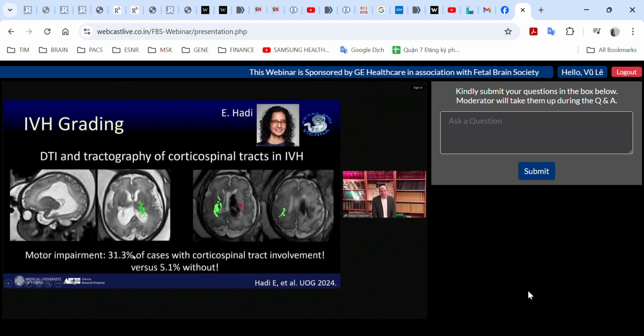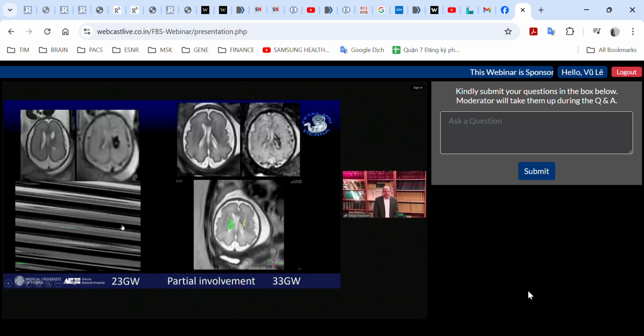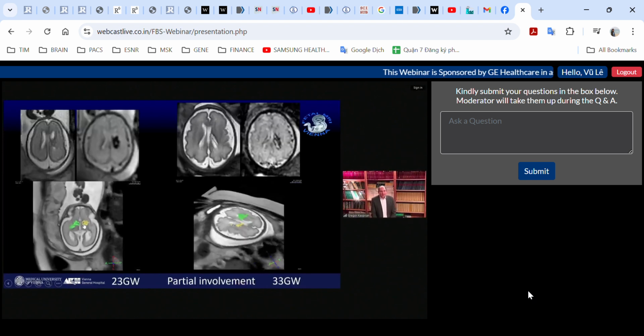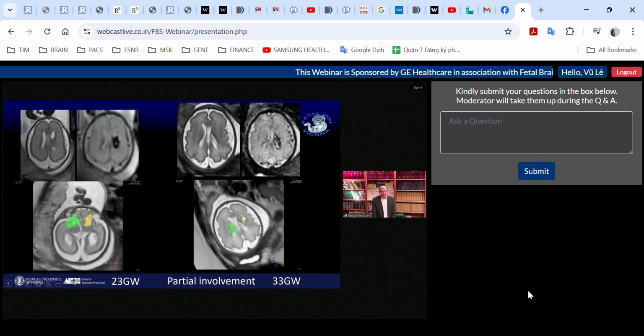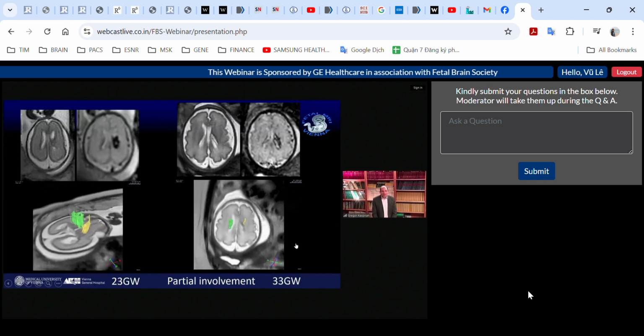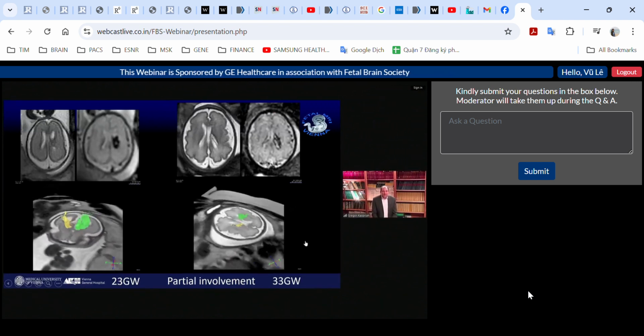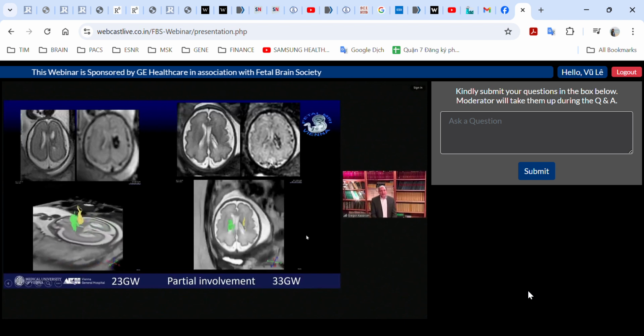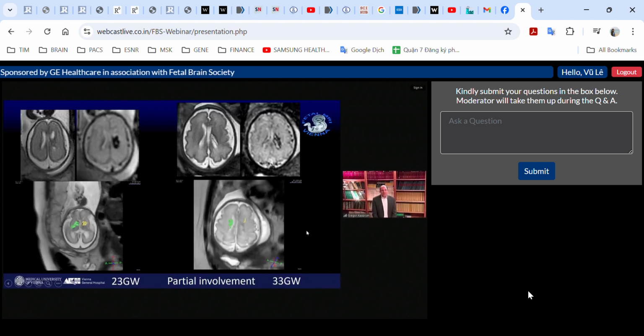And what we found is, if that was the case, there was a much higher, multiple times higher likelihood for motor impairments than compared to those cases where we did not find any involvement of the corticospinal tract ipsilateral to the hemorrhage. And that's how it looks if such a hemorrhage is at least partially involving the corticospinal tract on the affected side. So we believe this is a useful tool in helping us in outcome prediction.